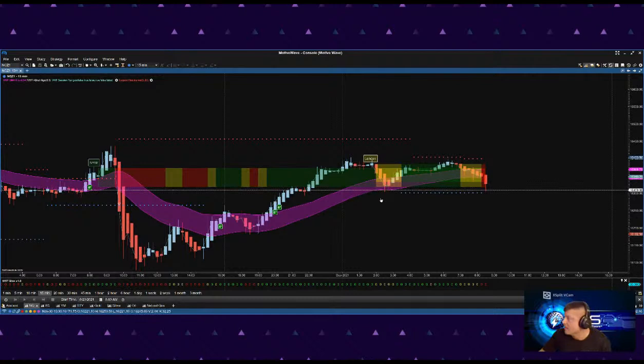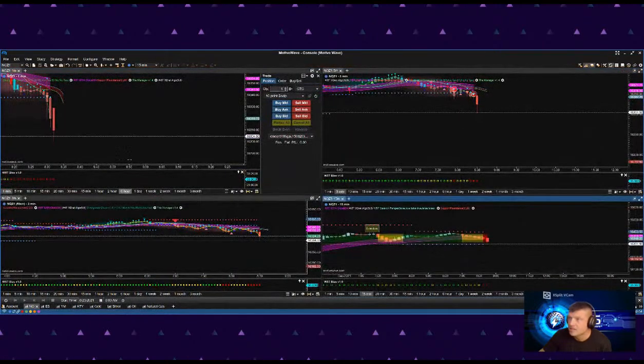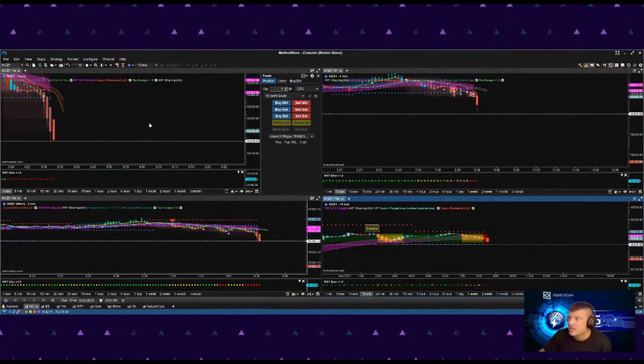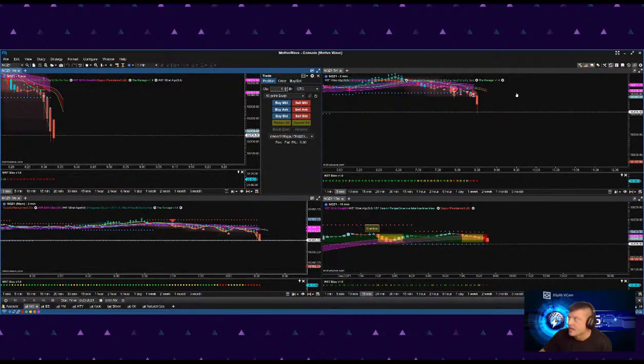So we're gonna keep an eye on this first 15-minute candle. We're breaking down below 301. It looks like at least pushing 301. So once we break and close below, at least on this 1 minute right here, I will get into this trade. We will be following this 6-star that we have on the 5-minute right here.